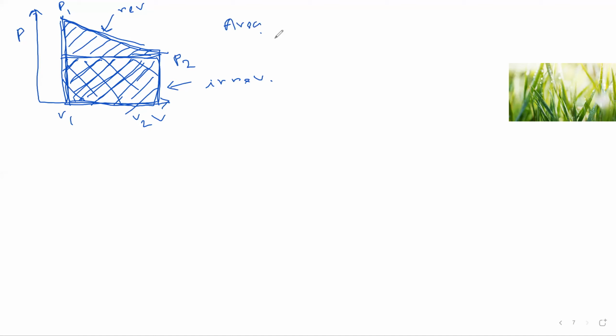So this area is denoted for the work. So the work done in the reversible process is greater than the work done in the irreversible process. Okay, so this is the PV diagram for that.